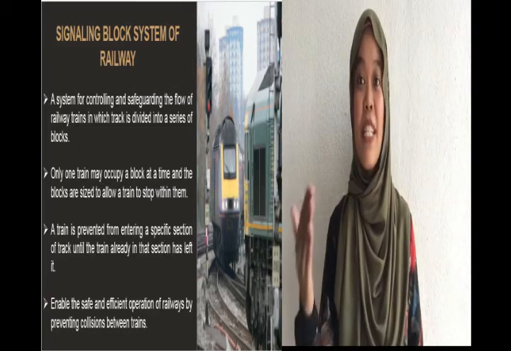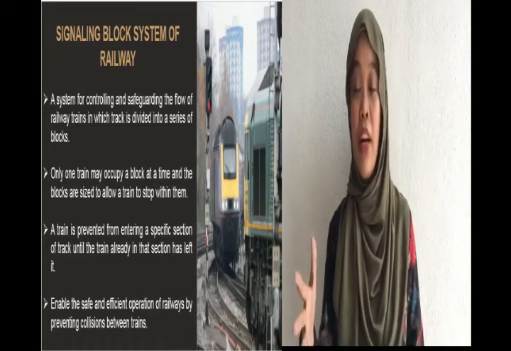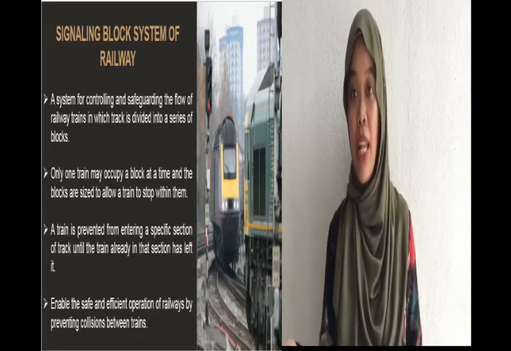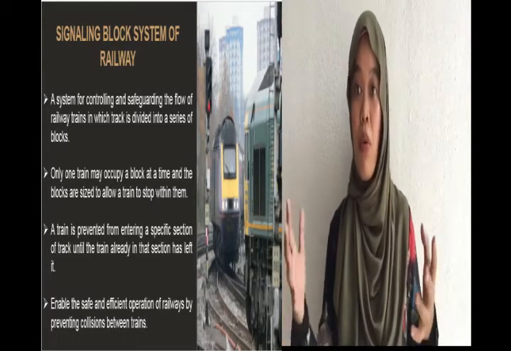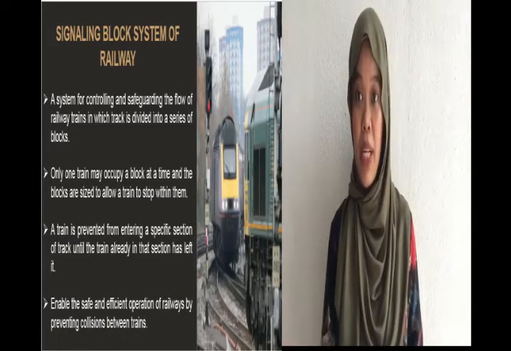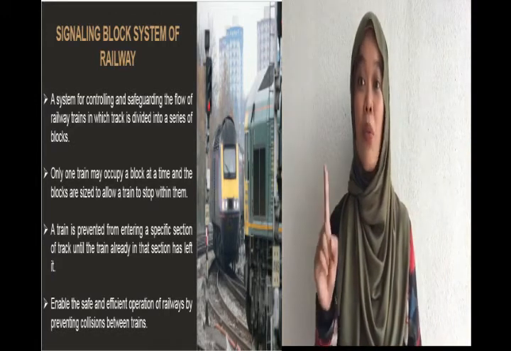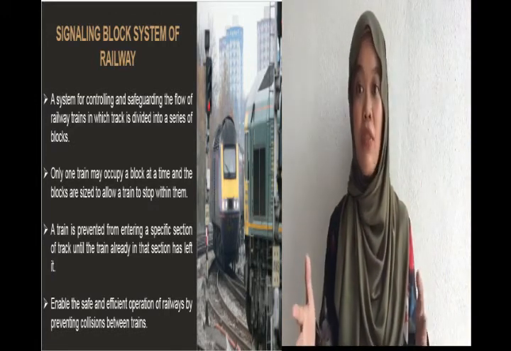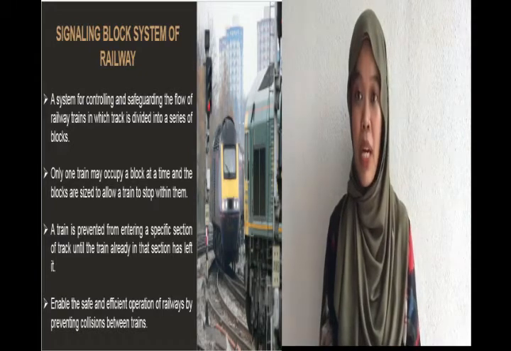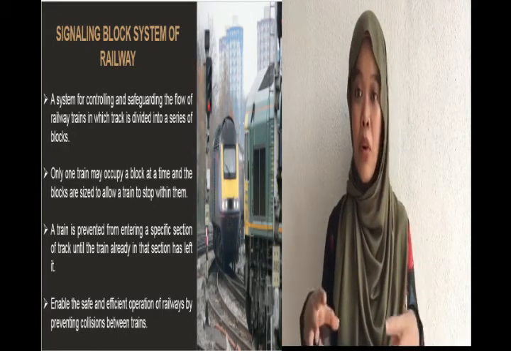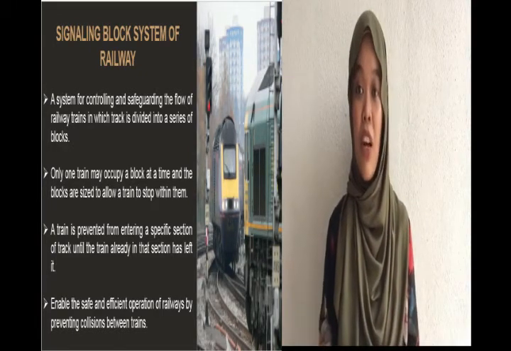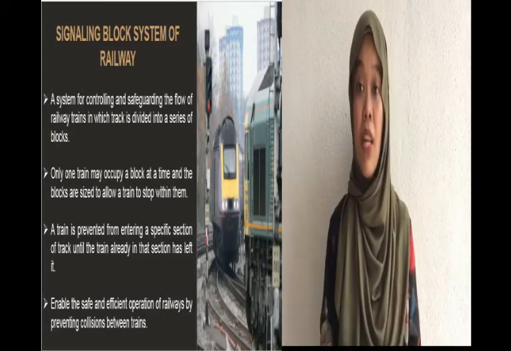When a train first enters the block, the rear of the same train has not yet left the previous block, so both blocks are marked as occupied. This ensures there is slightly less than one block length on either end of the train that is marked as occupied, so any other trains approaching this section will have enough room to stop in time, even if the first train stops dead on the tracks.